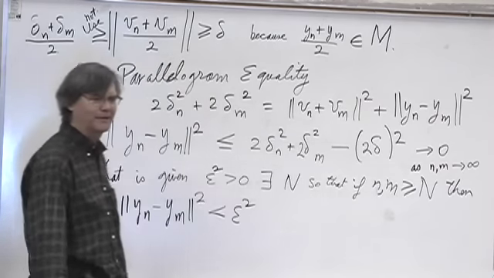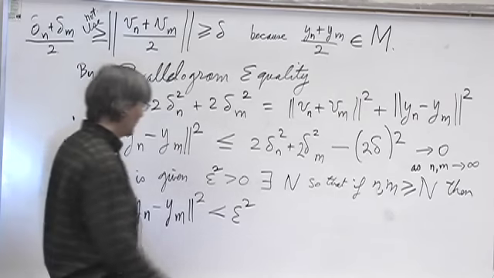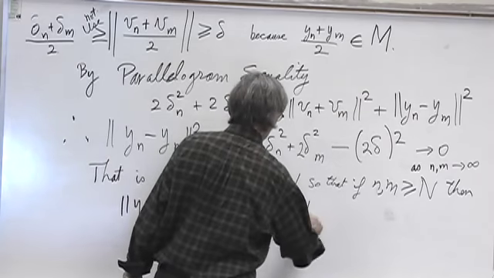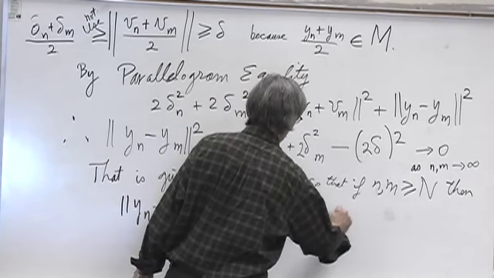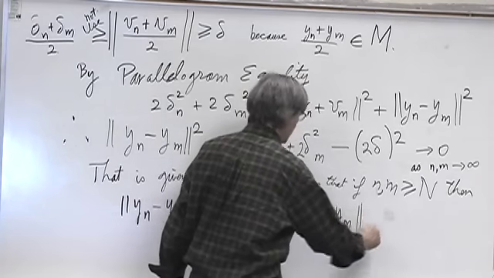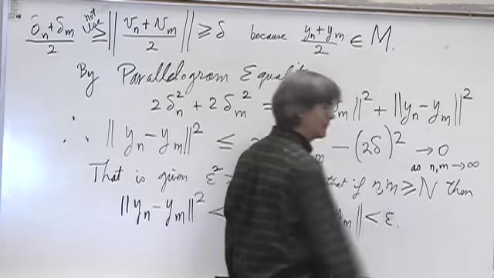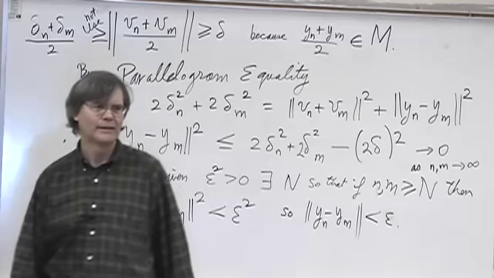Okay, put it that way, something like that. It doesn't really matter at this point. So the norm Yn minus Ym is less than epsilon. Okay? So I have a Cauchy sequence.